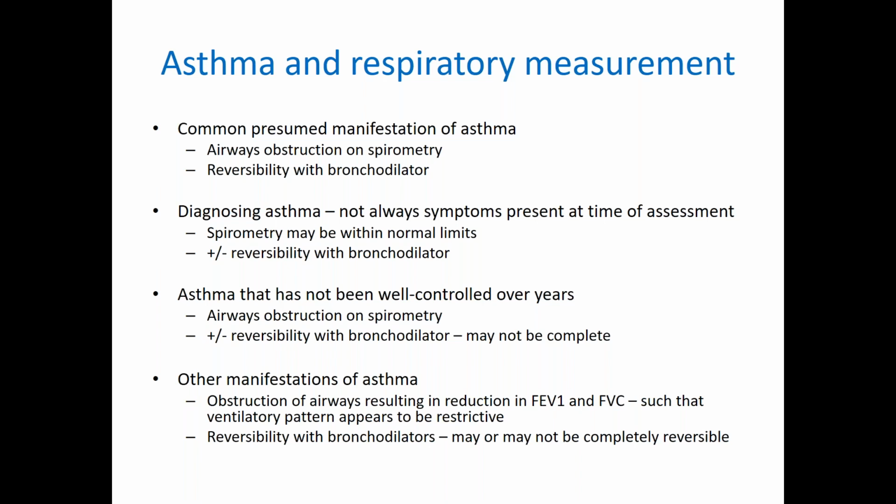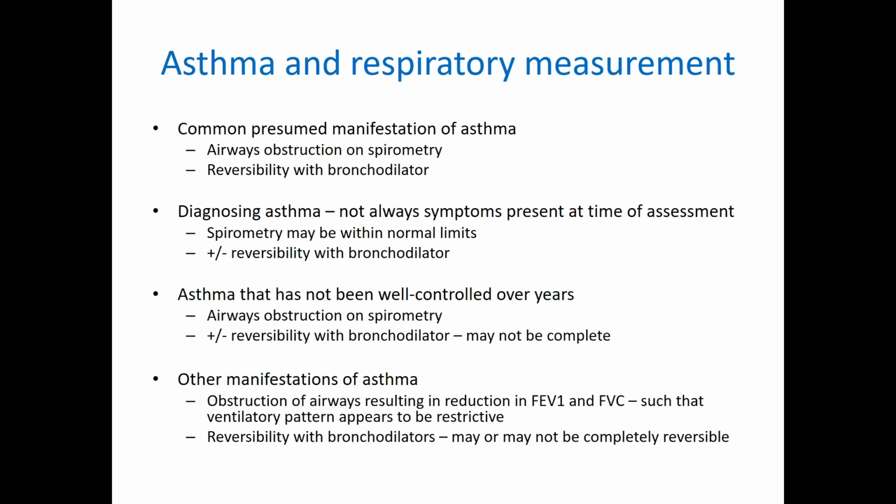So in fact, spirometry may actually be within normal limits when we perform the testing, and there may or may not be reversibility with bronchodilator. In asthma that has not been well controlled over years, you can see airways obstruction on spirometry that may not have complete reversibility when we give bronchodilator, and sometimes you don't see reversibility at all.